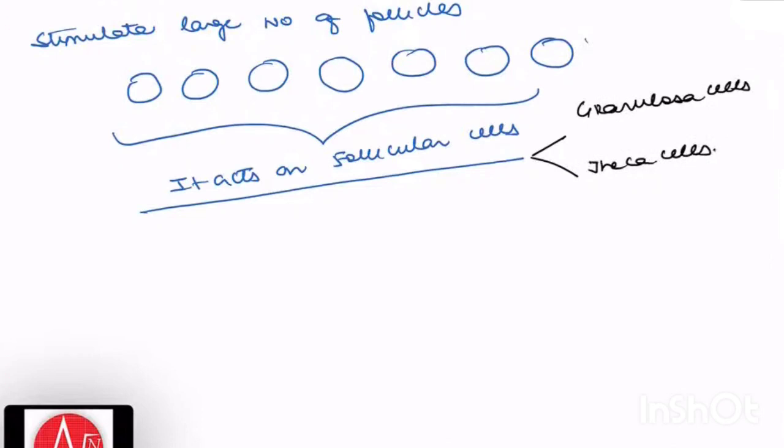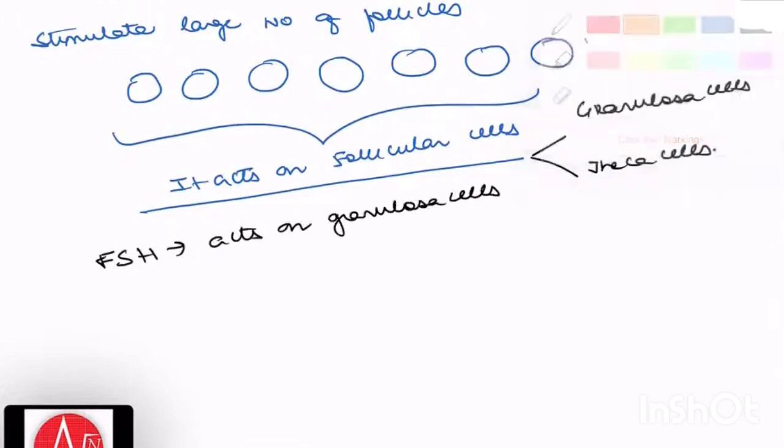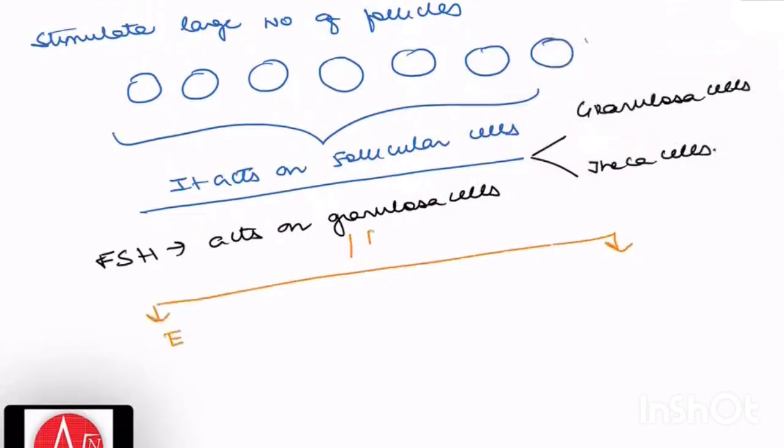So it stimulates a large number of follicles, and उनके जो follicular cells हैं, they are going to get converted into granulosa cells and theca cells. So now what is FSH going to do? FSH acts on granulosa cells, and granulosa cells will release two hormones: estrogen and inhibin B.